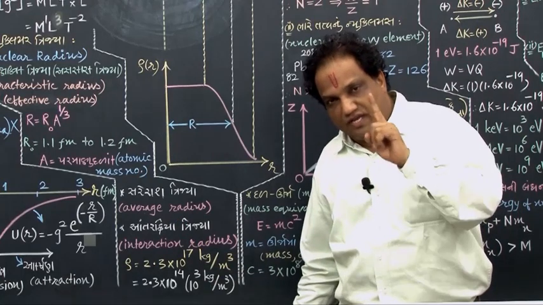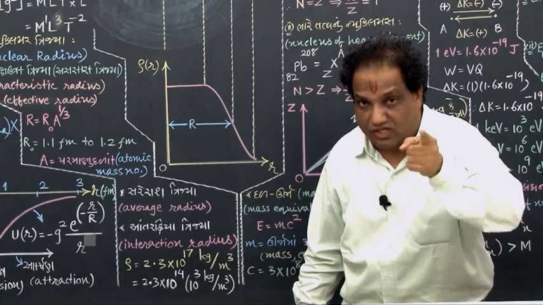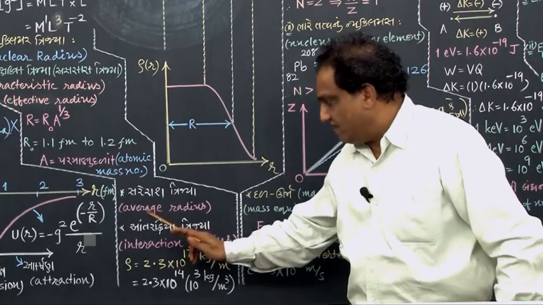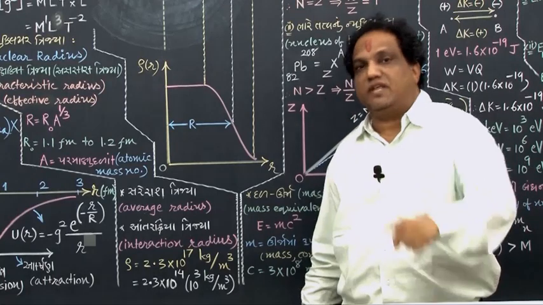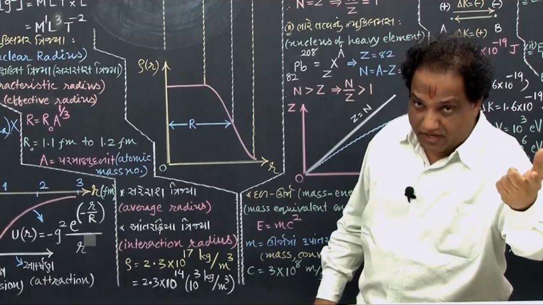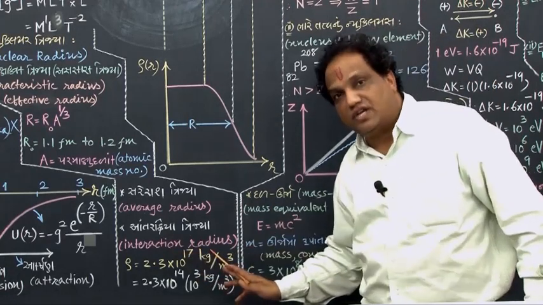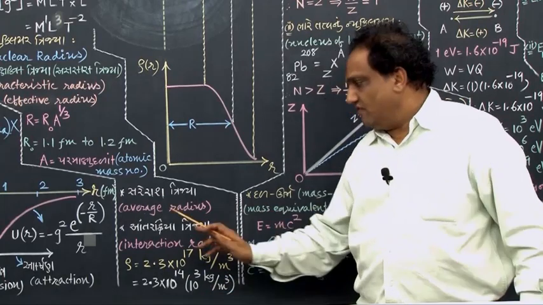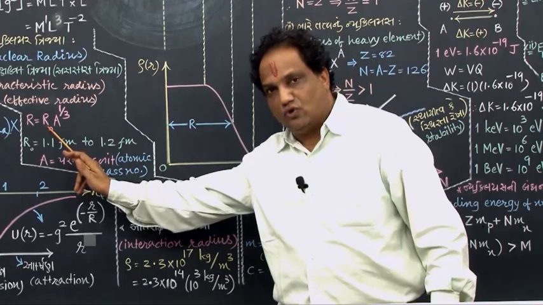The radius of nucleus determined in the experiment where there is a collision between alpha particle and nucleus is called interaction radius. Depending upon which radius you are finding, we have to take different values of R0.